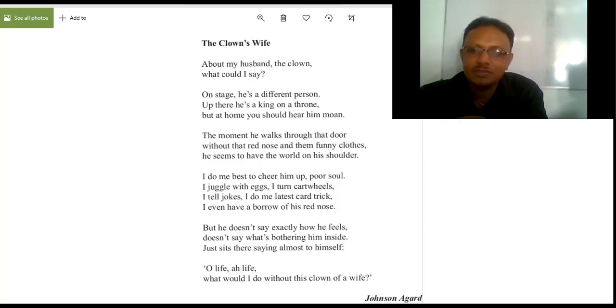So these are the things that the wife does. She juggles with eggs to make the clown happy. Juggling means to toss the eggs in turn. Those things are normally done by the clowns on stage. But here, the wife is making the clown happy by doing the same thing that the clown is doing.